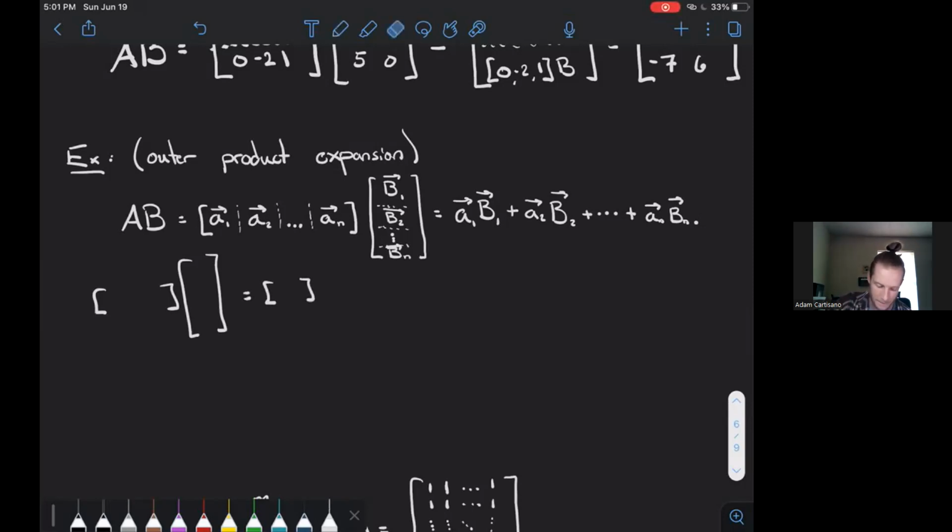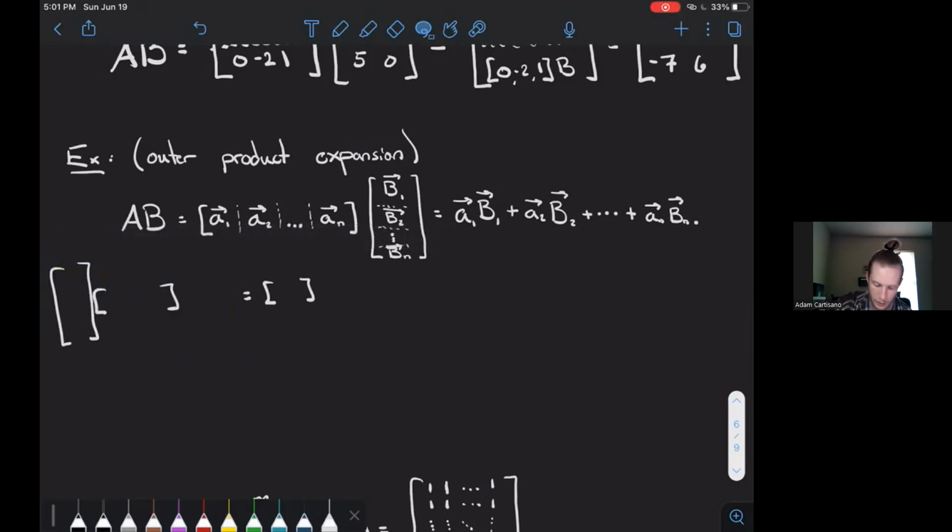Okay, anyway. But what if instead I had done this thing where I partitioned both the rows and the columns? Oh well, before we do that, let's just switch the order of this thing.